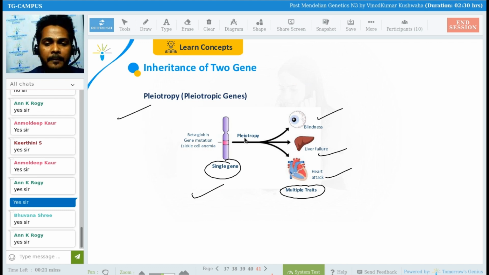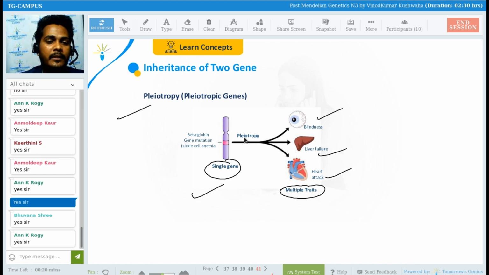There are various examples, like the cotton plant. In cotton, the gene for one trait also influences the height of plant, size, boll number, number of ovules, and the viability of seeds. That means one single gene is responsible for different traits that are going to be controlled. So it is called the pleiotropic gene or pleiotropism.